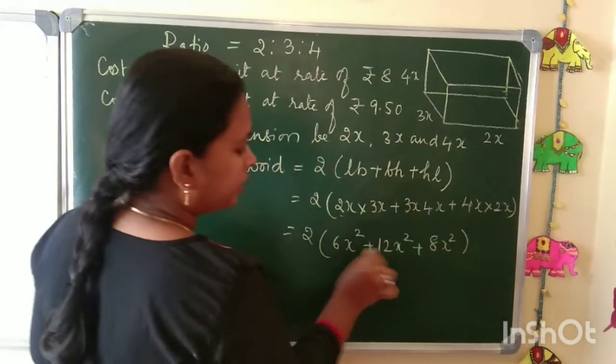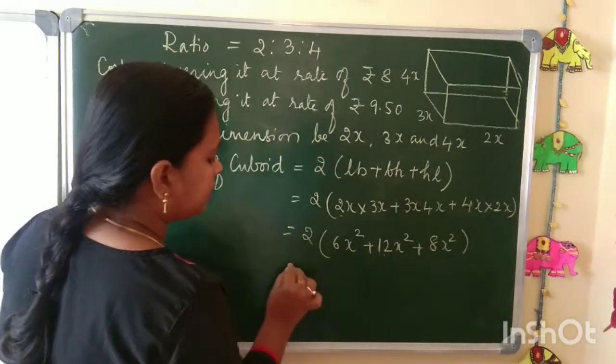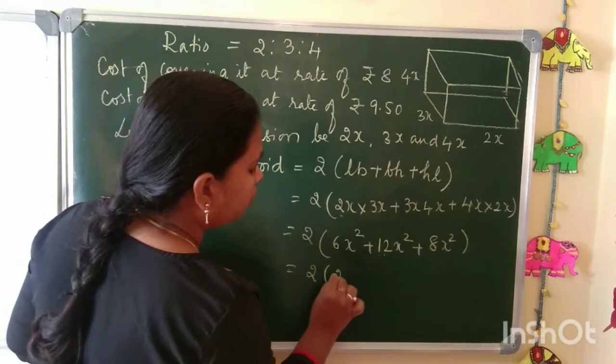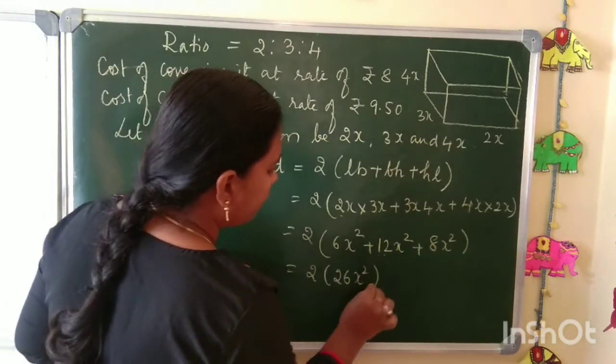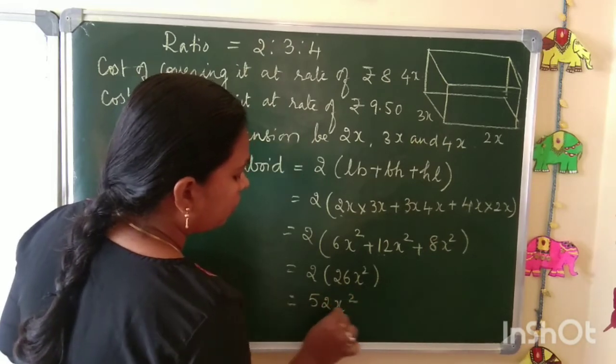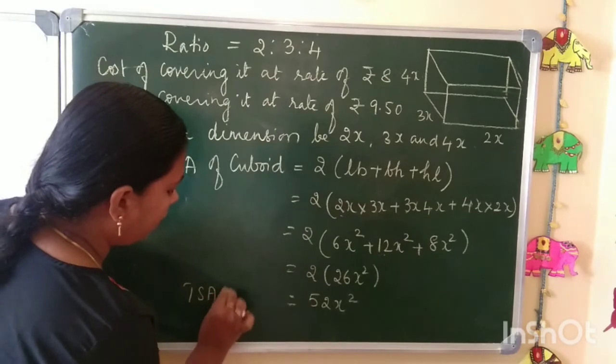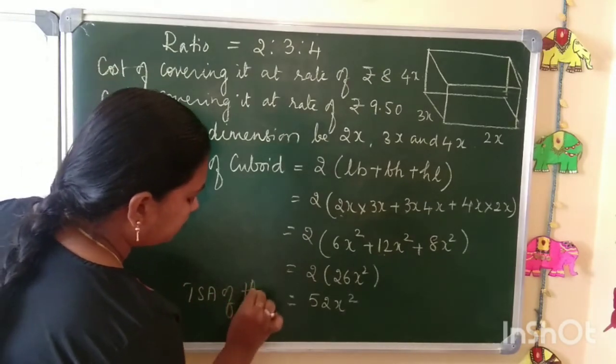So you can add 12 plus 8 will be 20. So 20 plus 6 is 26. So 2 into 26x square is nothing but 52x square. So now here you have got 52x square is the total surface area of the box.